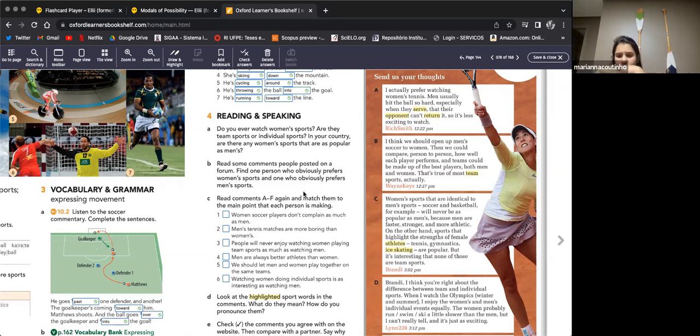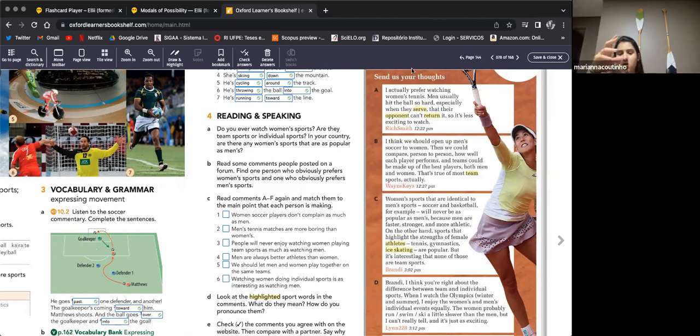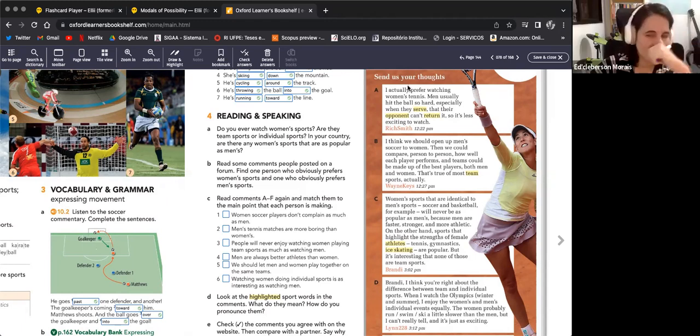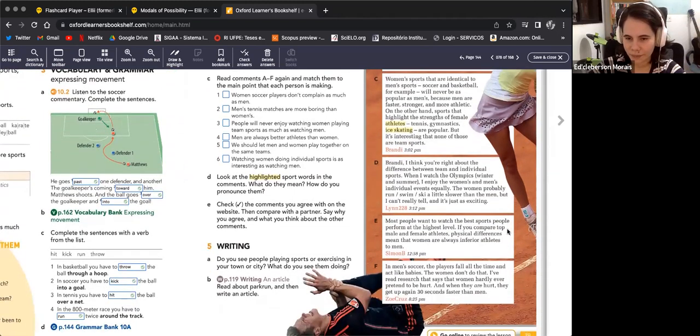C? C or A? I think A is the one that is exclusive. This person, Rich Smith, prefers men's. Yes. What about women's? Which person prefers women's?